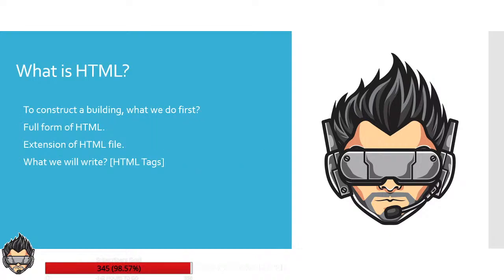So the first main thing, what is HTML? Obviously, right? Whenever you start learning a new language, you need to know what that is and what it stands for. So what is HTML? HTML stands for hypertext markup language, and it's basically like, what do we say, the skeleton for the human body.